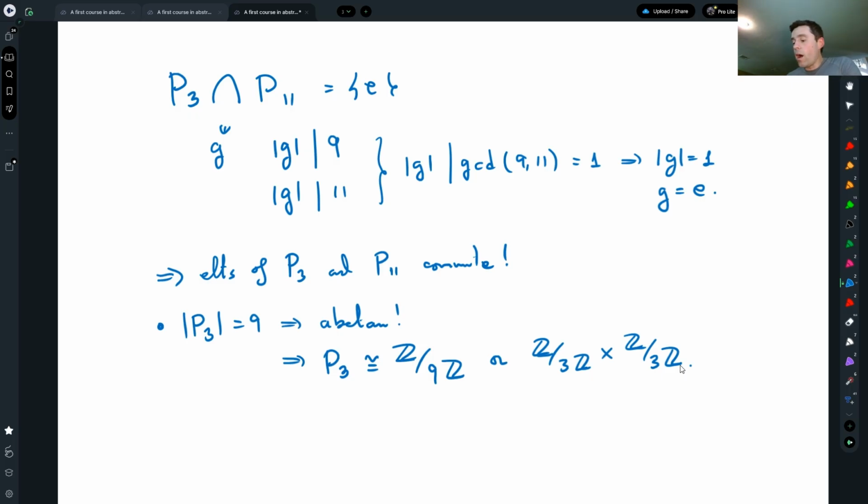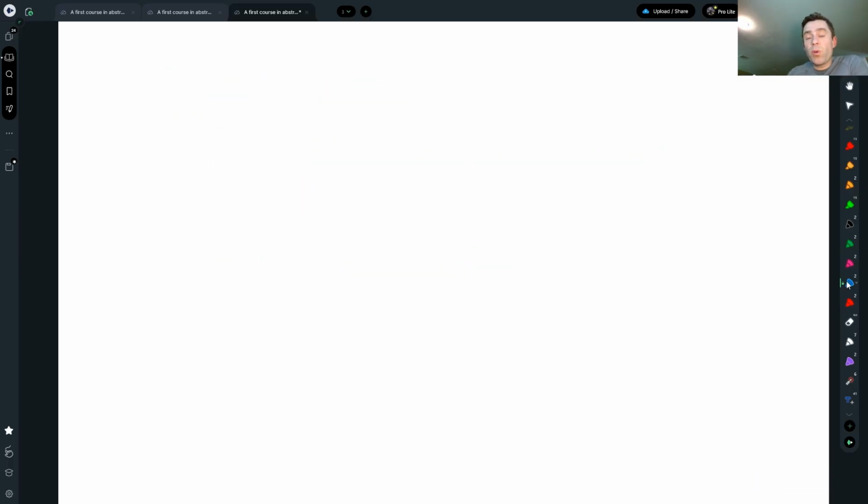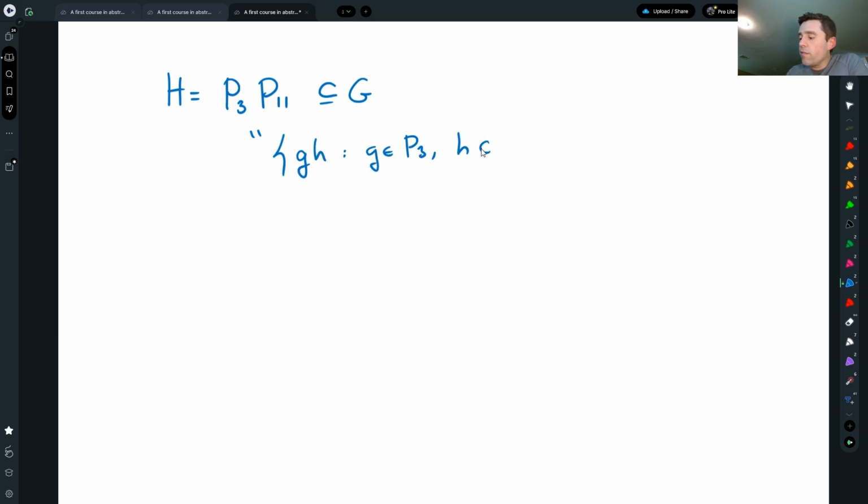And now I have one more result to use here. The last bit I need to put everything together is the following. I'm going to consider H. It's going to be a subgroup of G, and it is the set of products gh, where g is in P3 and h is in P11.